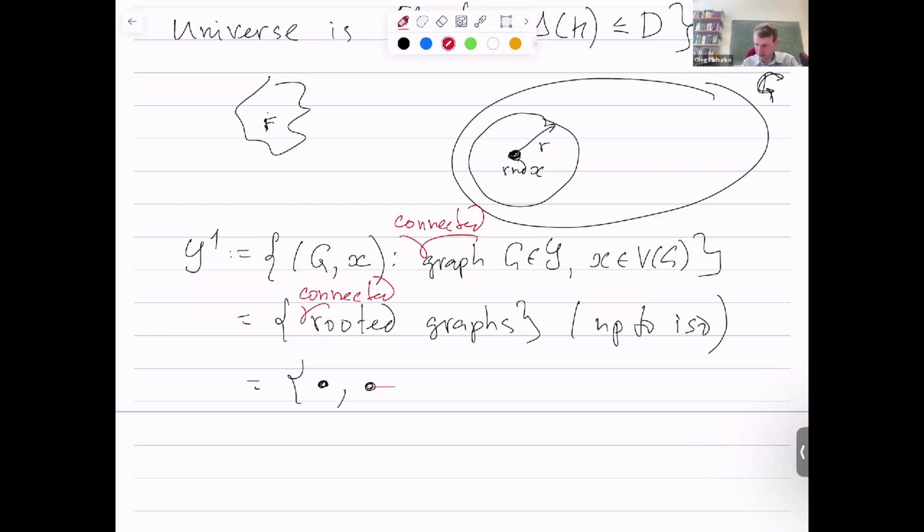On two vertices, up to isomorphism, I just see an edge. On three vertices, I could see, say, paths, and then there are two different ways I can put a root. Or I could have a triangle, and then there is only one way up to isomorphism to put the root, and so on.